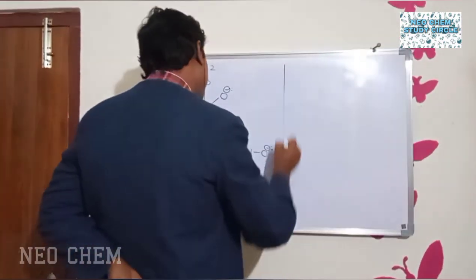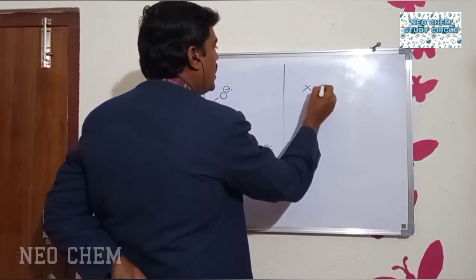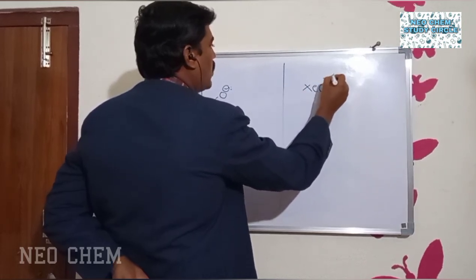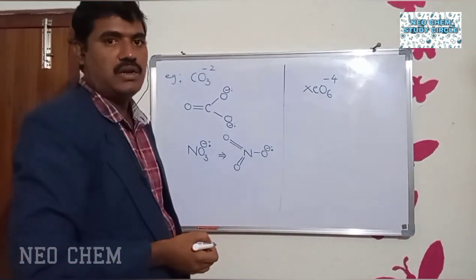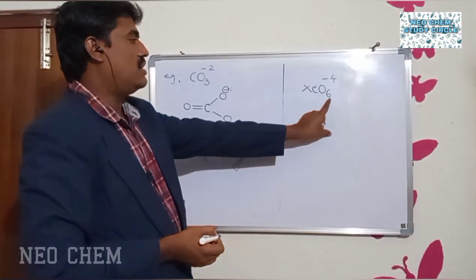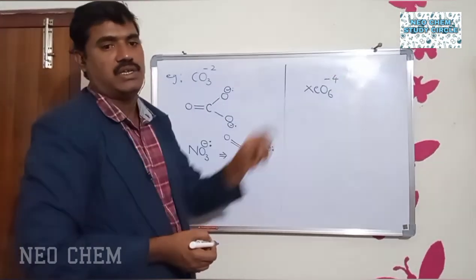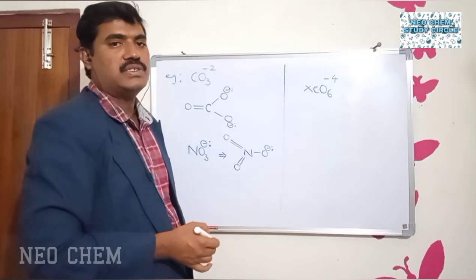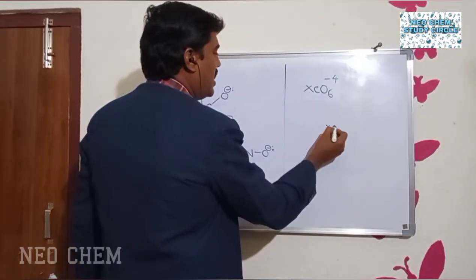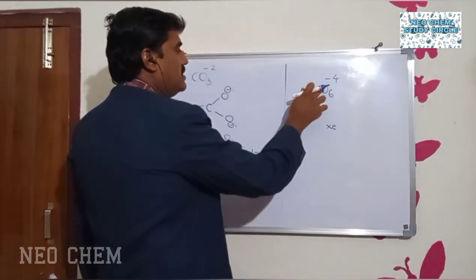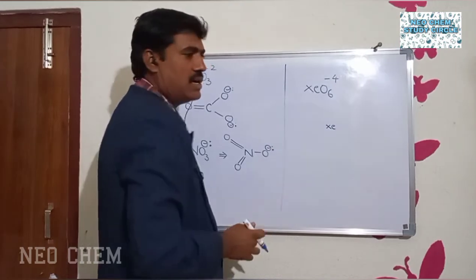One more example. If we take XeO6 minus 4, that is perxenate ion, there are 6 oxygen atoms, and together, 4 negative charges. So how can we write the structure of the perxenate ion, where xenon is the central atom? 6 oxygens together with minus 4 charges means what?